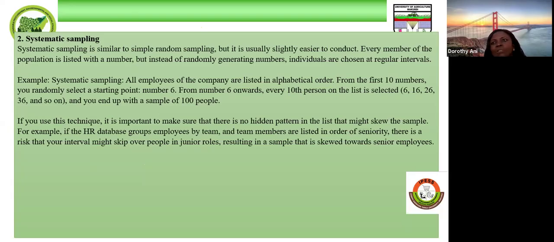It's not that you come and say, okay, let me write the females first and the males second. In that case, it will be skewed.